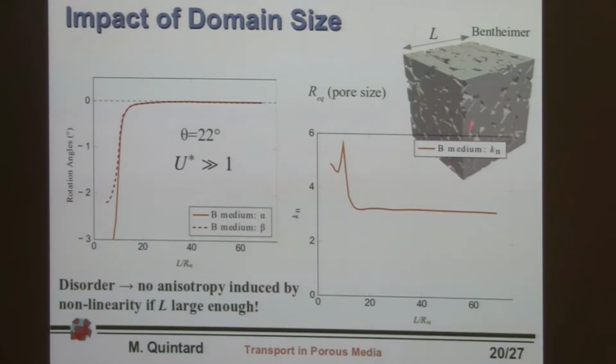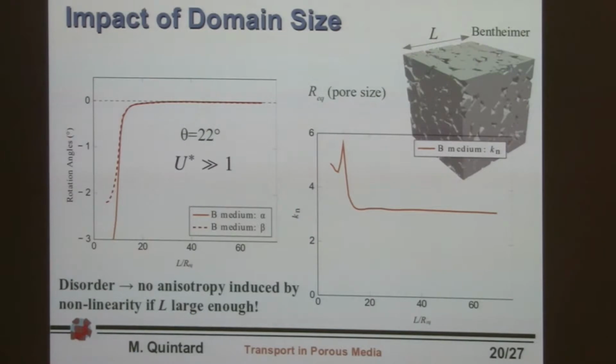But if you take, for instance, the Bentheimer rock, and you do the same, I don't have a variance here because I have a single sample, but still I can change the size of the averaging volume. For an orientation of 22 degrees with respect to the x-axis, I get something like that. This is the size, this is the rotation angle, and after a while it goes pretty close to zero. That's a very important thing.